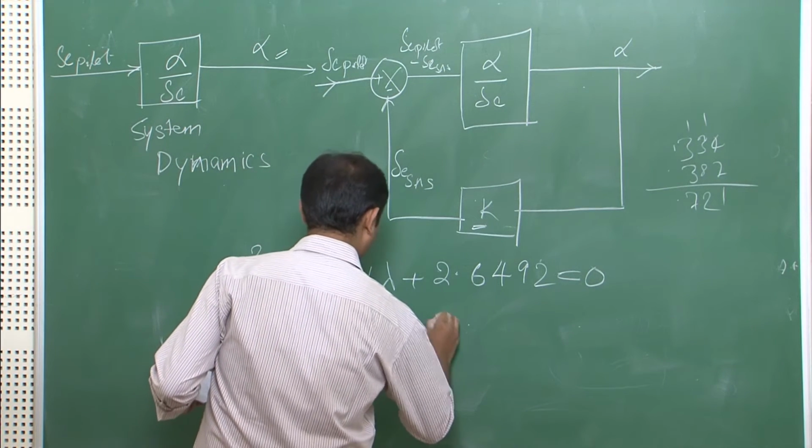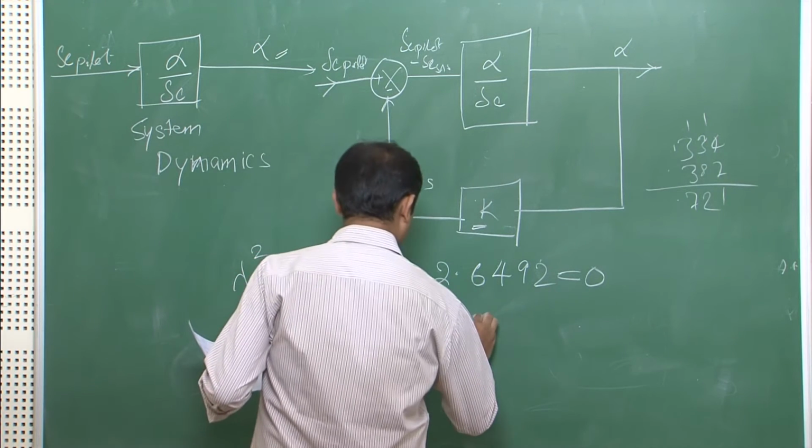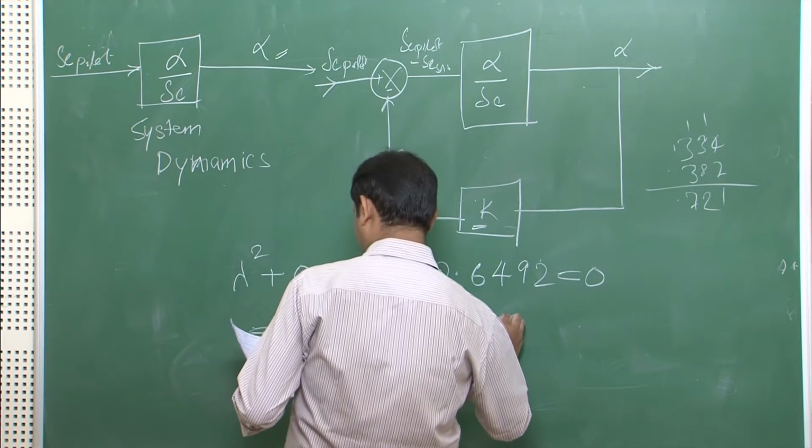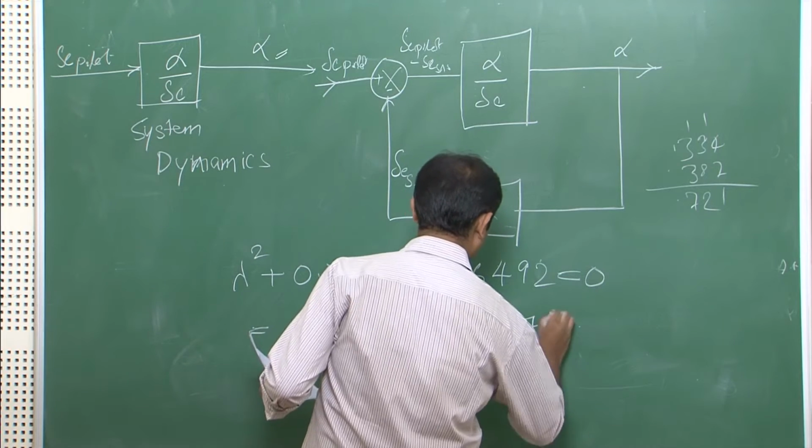The roots of this characteristic equation equal minus 0.3605 plus minus 1.587 i.